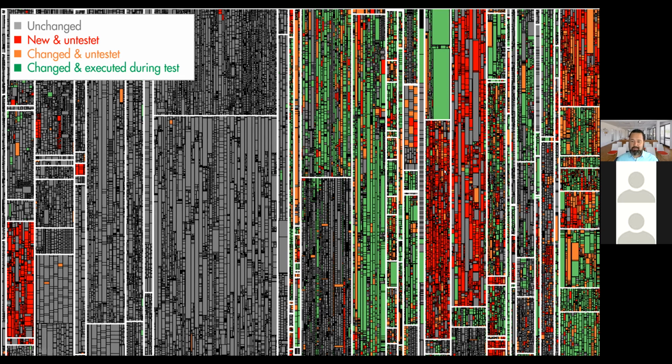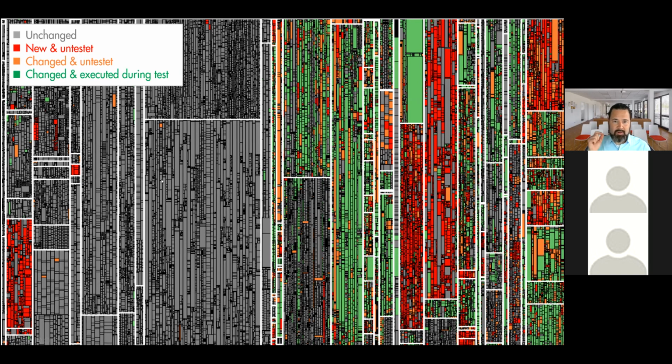However, for the orange and red areas, the conclusion is as trivial as true. We can't have found a single bug in there because we never executed that during testing. And we know that the likelihood of bugs is much higher than in the other areas. So our basic goal of test gap analysis is to allow for a conscious decision about whether you want to ship that into production or if you still want to make further changes.